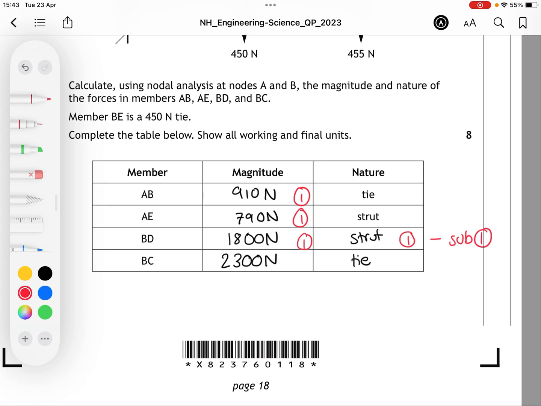And it's the same for BC. You get 1 mark for the magnitude, 1 mark for the nature, and then 1 mark for the substitution. So do make sure that you lay this out the way that was shown earlier in the video.